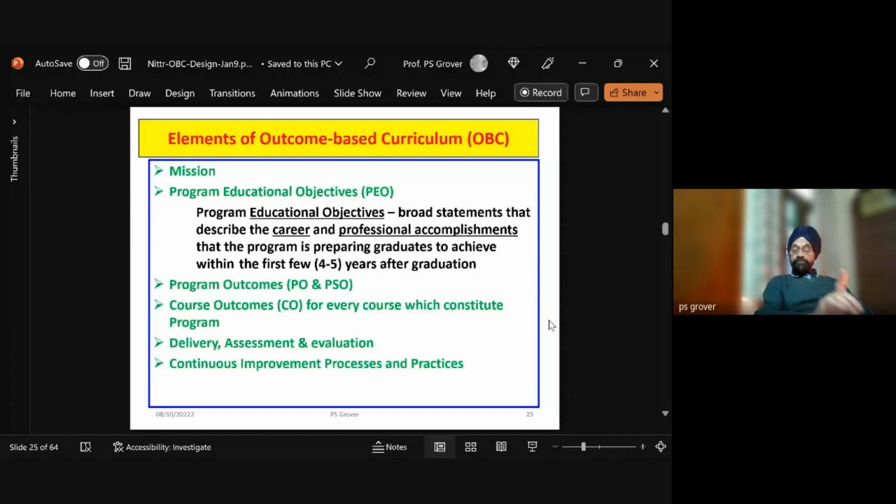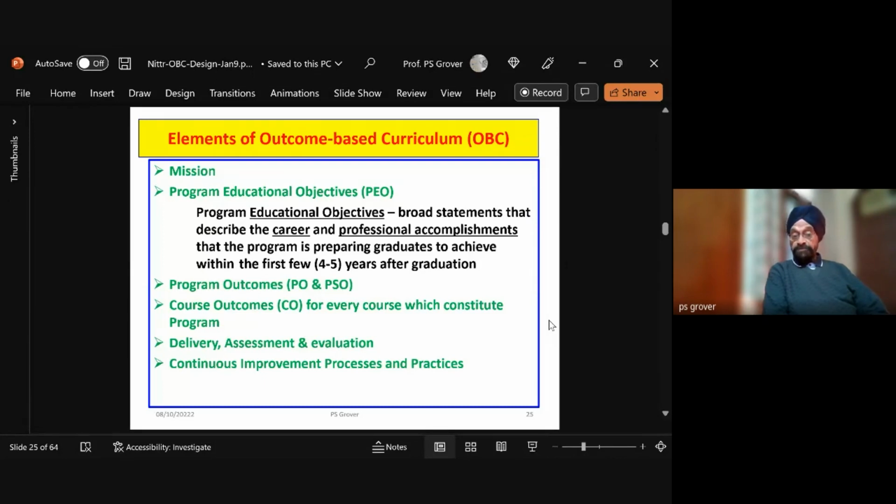So elements of outcome-based curriculum are the mission, how it is to be done. Then program objectives. Now program objectives are a broad statement that describe the career and professional accomplishments that the program is preparing graduates to achieve within the first 4 or 5 years after graduation. That means the OBE says that you specify beforehand, and your curriculum should meet those requirements.